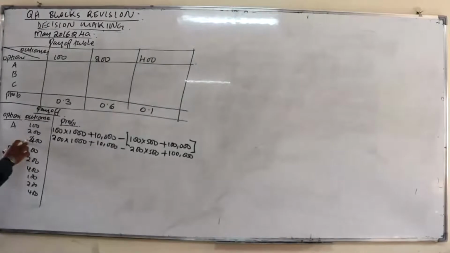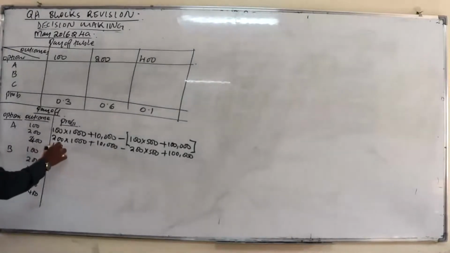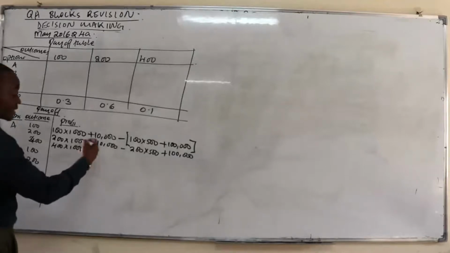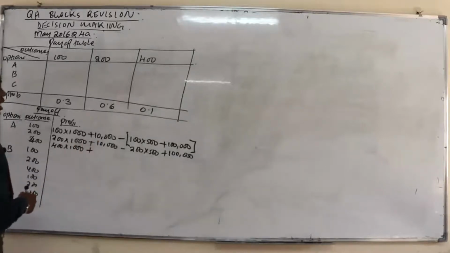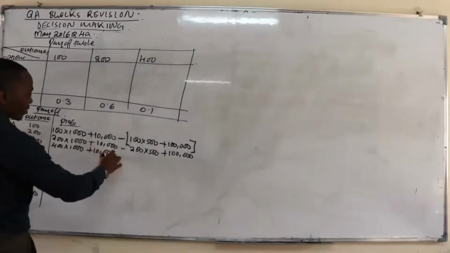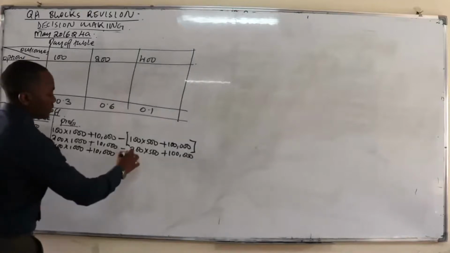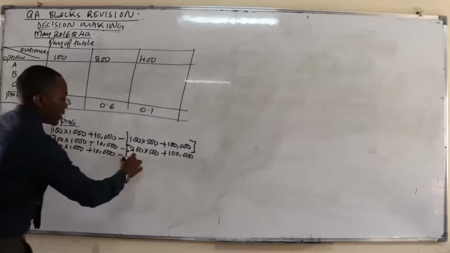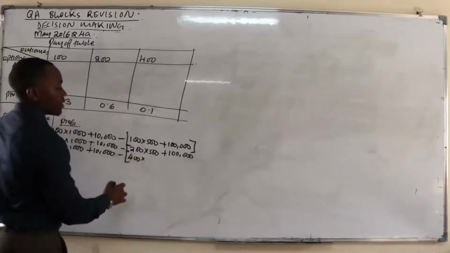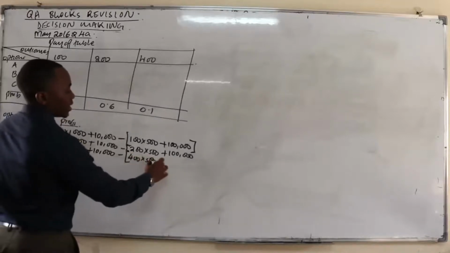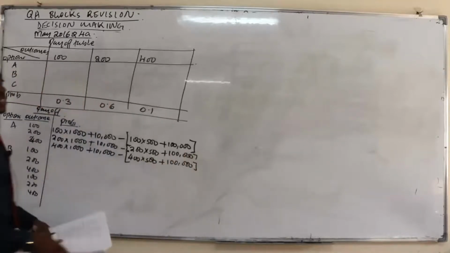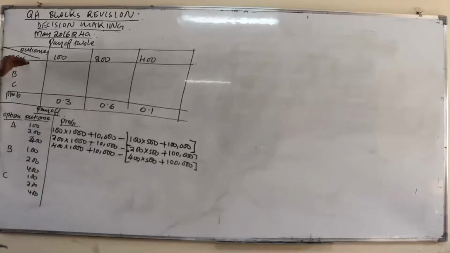For the other one, it's 400 units. You multiply by 1,000, plus the scrap value of 10,000, minus the production cost of 400 units multiplied by 500, then you add the other cost of 100,000. And that's what you're supposed to do for A, B, and C.